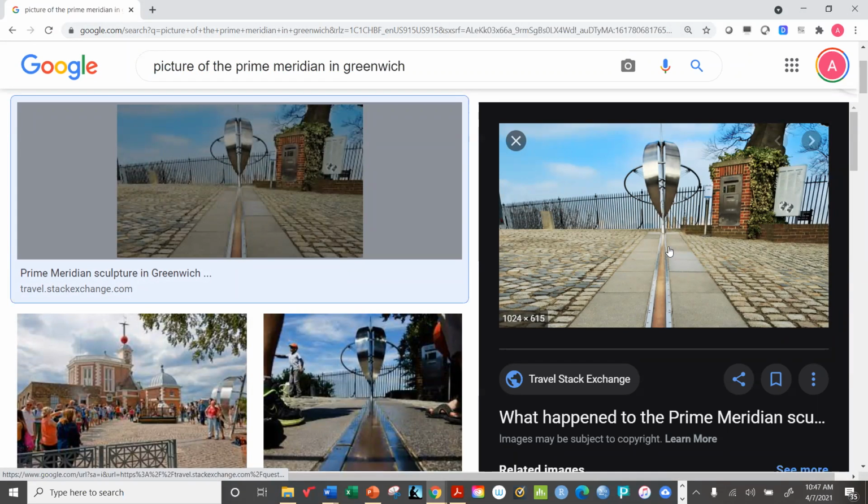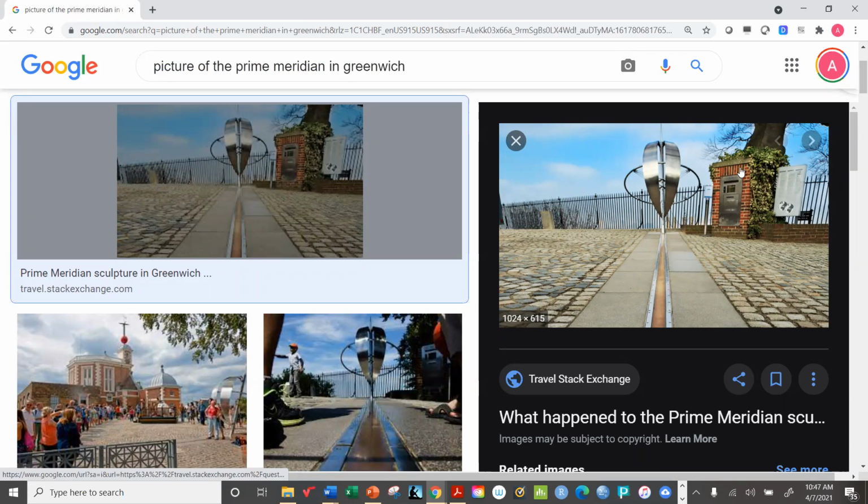And so everybody who goes to Greenwich as a tourist, like I did, gets their picture taken standing with one foot on either side of it, because that means you're simultaneously in the east and in the west. It's pretty cool. It's fun. It's just like when you go to London, everybody has to walk across Abbey Road and get their picture taken walking across Abbey Road. It's the same thing.